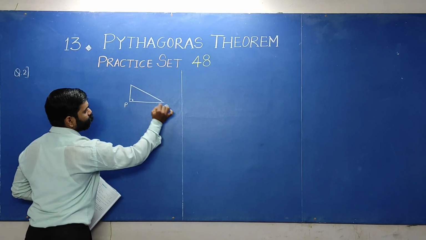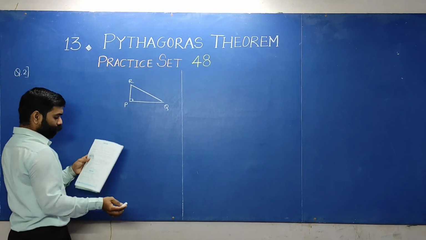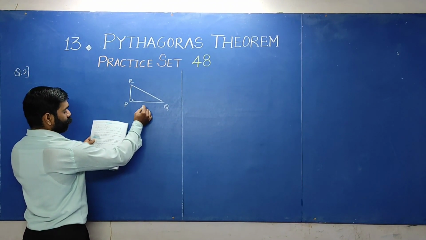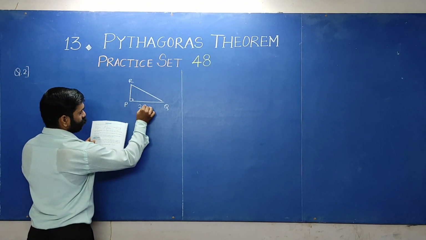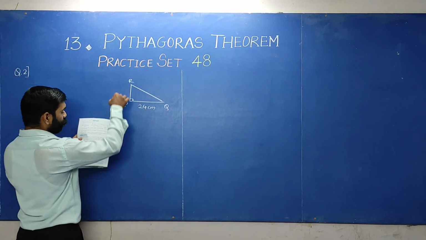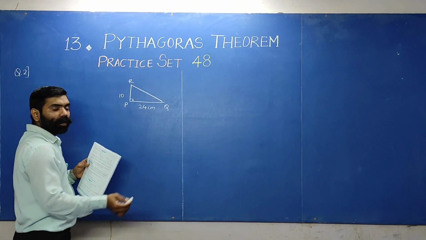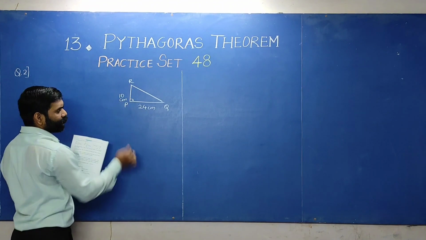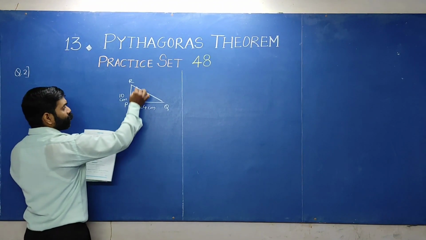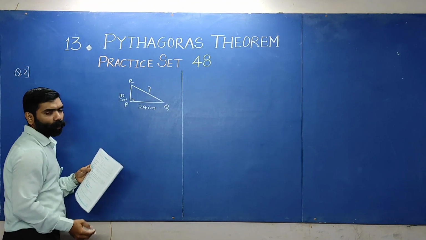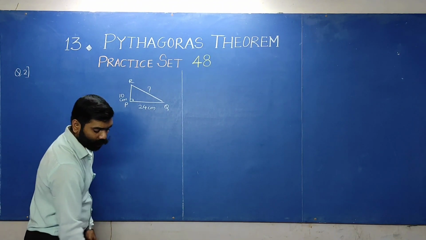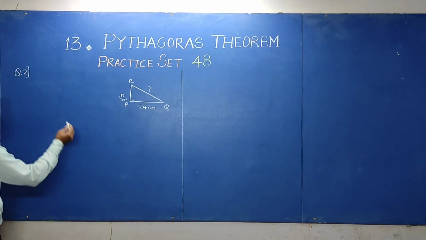P here, Q here, R. So PQ is 24 centimeter, PR is 10 centimeter and QR is not given. We are going to put a question mark. Let us solve how to do it.